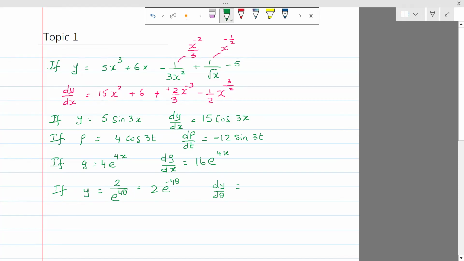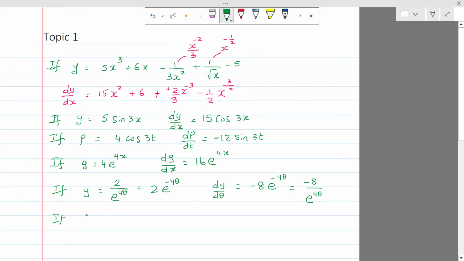Now you differentiate y with respect to theta. I'm going to bring this minus 4 in the front, minus 8 e power minus 4 theta. Or I can rewrite as minus 8, and I send this in the denominator like this.